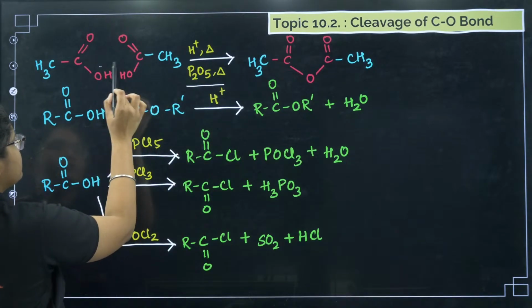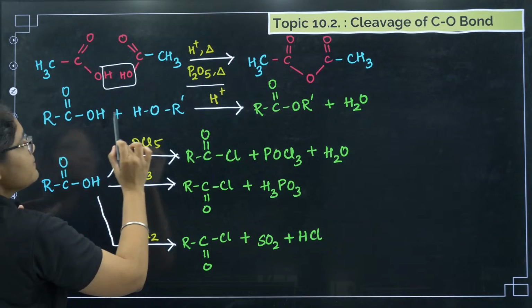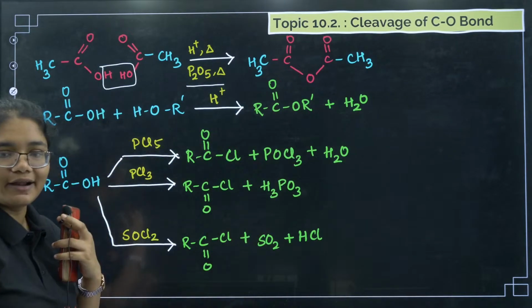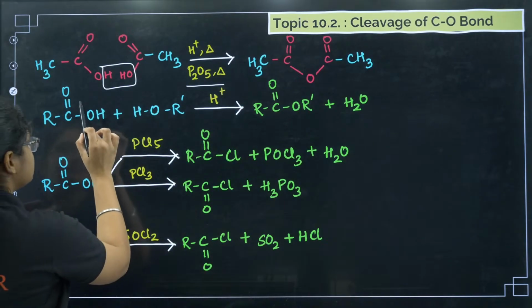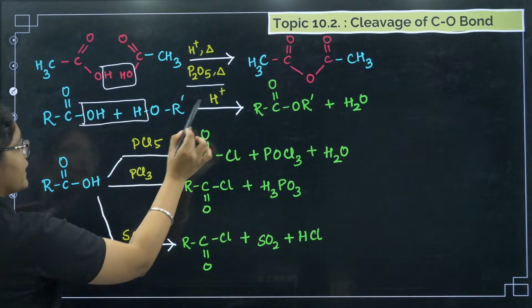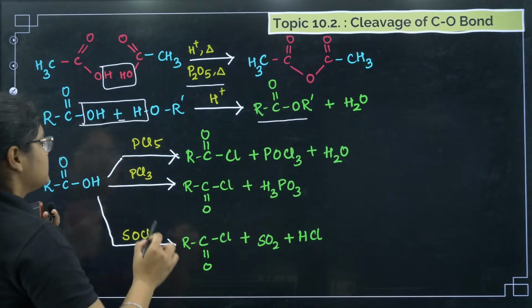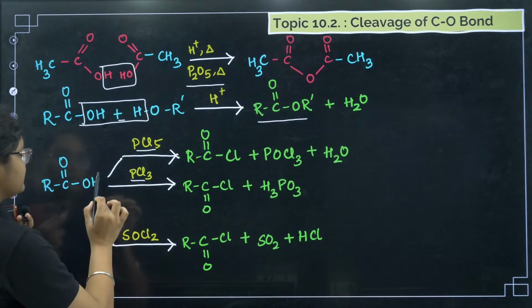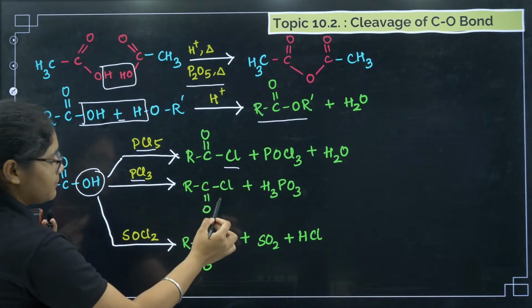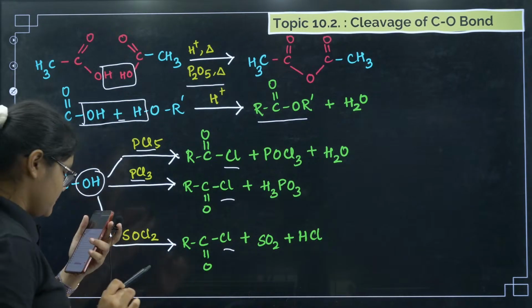Two acid groups will be there, H2O will be removed, and we get an anhydride. The second one is ester formation. In that also you take H plus, dehydration will take place and you will get esters. Third, with PCl5, PCl3 and SOCl2, the OH group is replaced with a chlorine group.